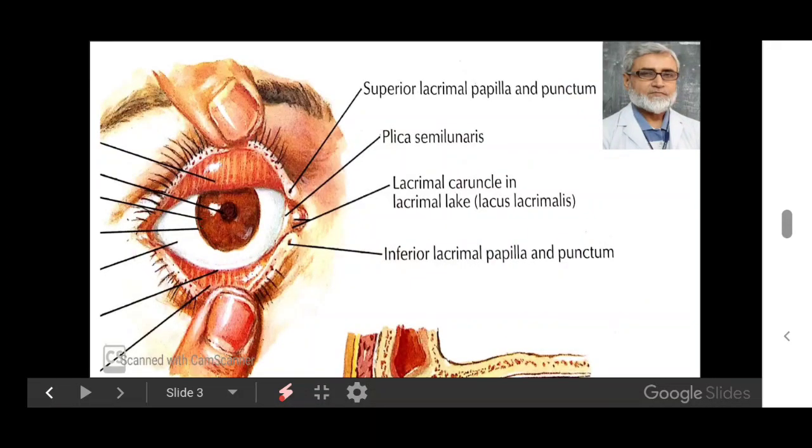Punctum is here. A pit, you can observe the pit.